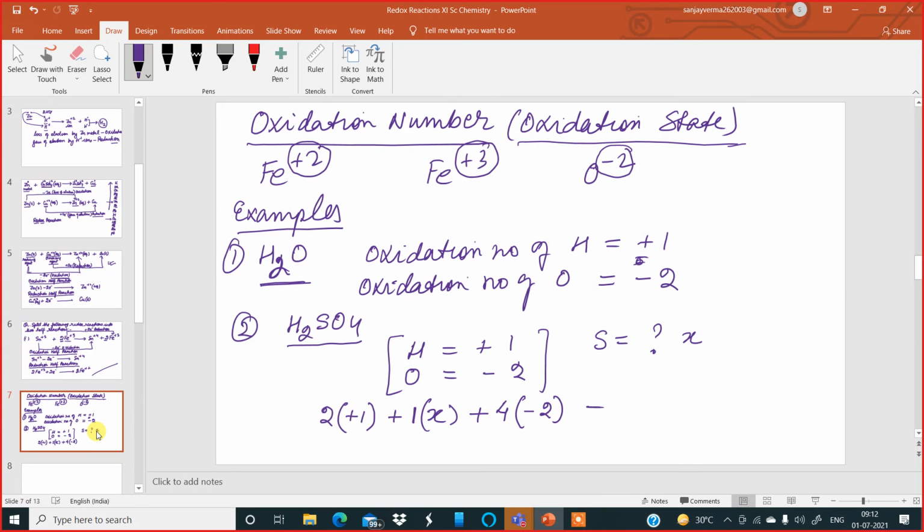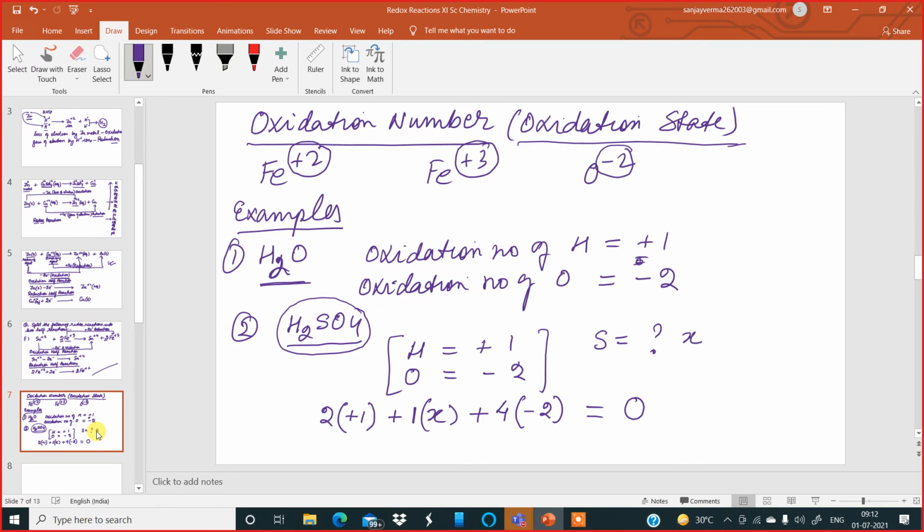This is equal to 0, because sulfuric acid is a neutral molecule and carries no overall charge.